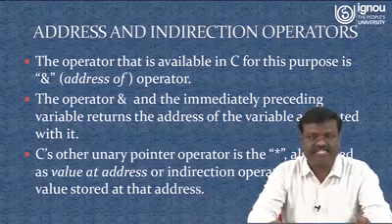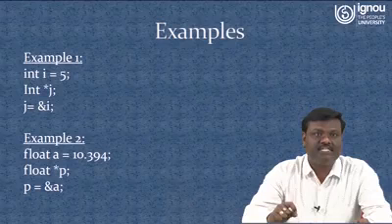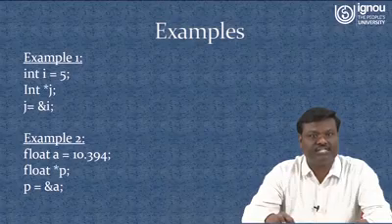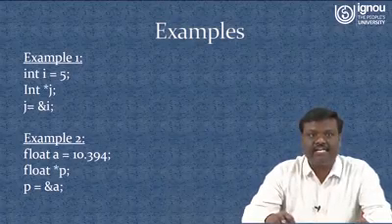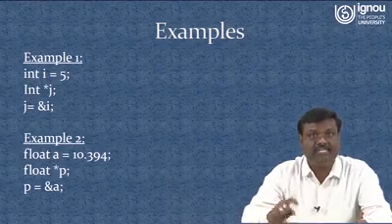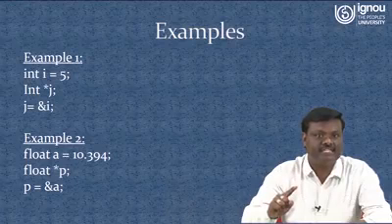So let us see a simple program. Here, example 1: int i equals 5. This is a normal variable and i is initialized to 5. Then int star j. From this you can understand that j is not a normal variable, it is a pointer variable pointing to an integer data type.